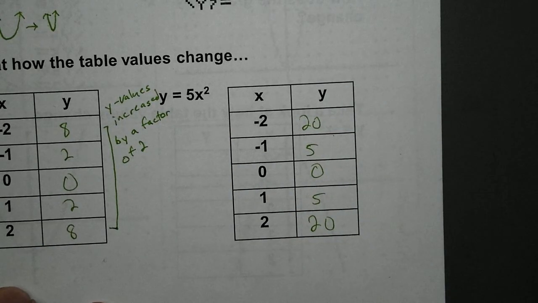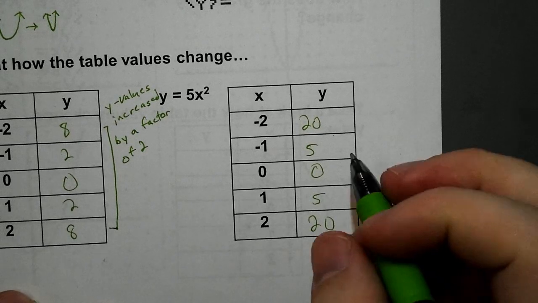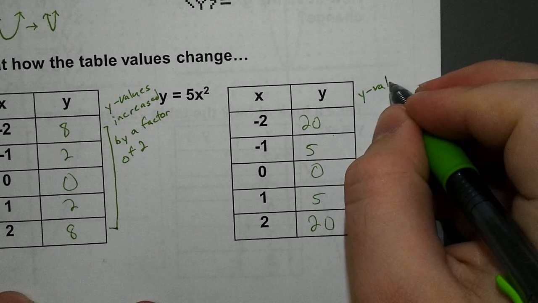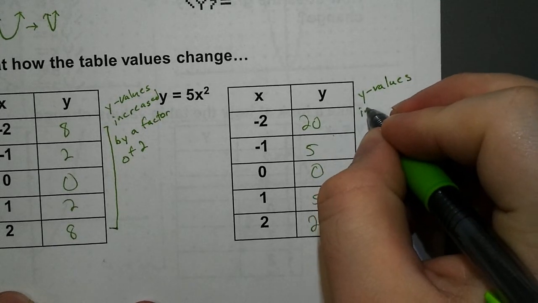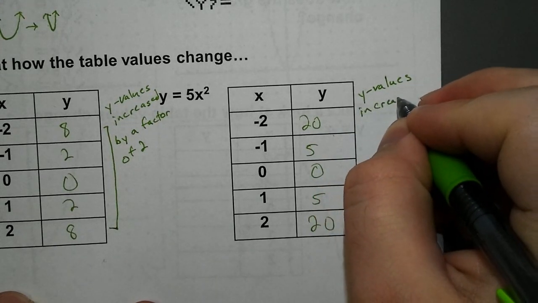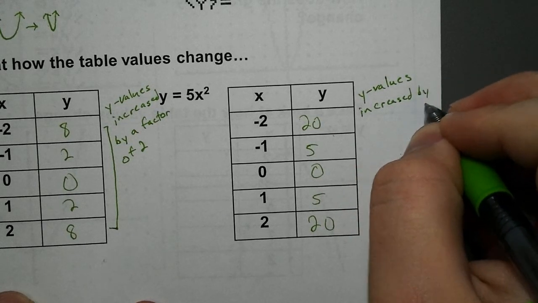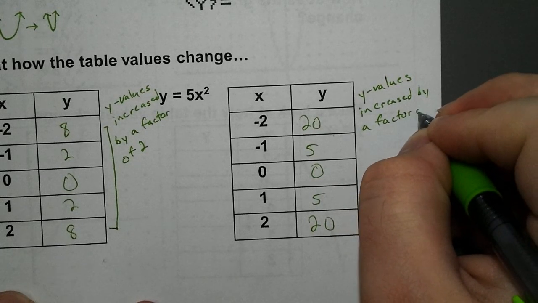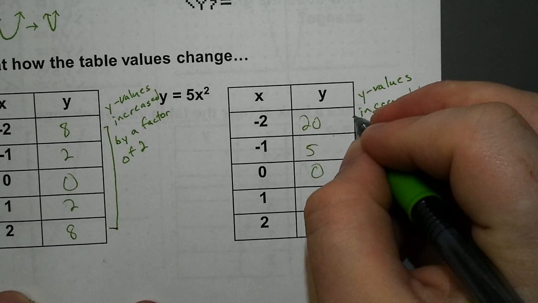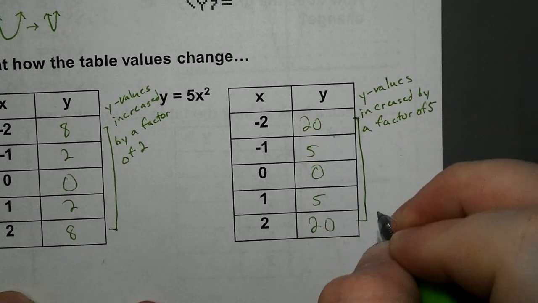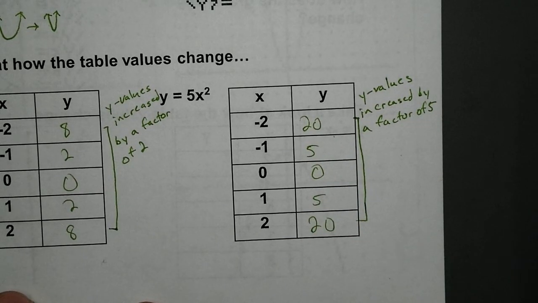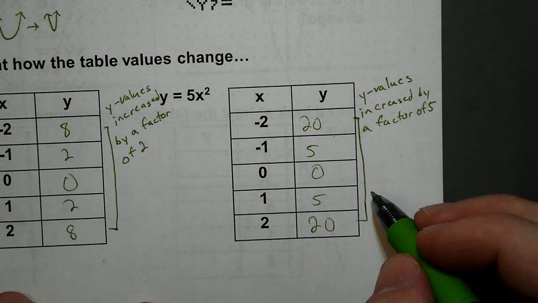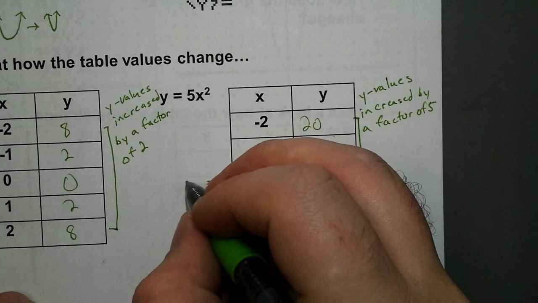So each time here, the y values increased by a factor of 5, because all of these are 5 times bigger than what we started with. But once again, our vertex didn't change. It's still at 0, 0.